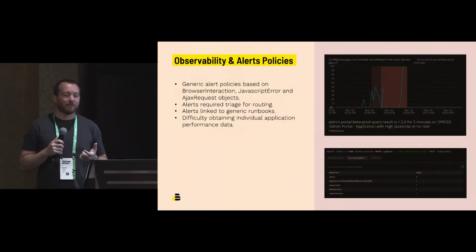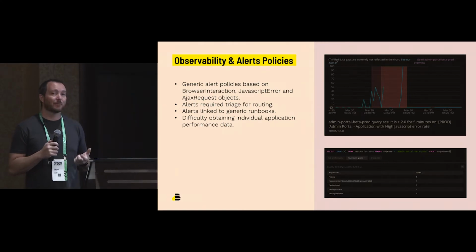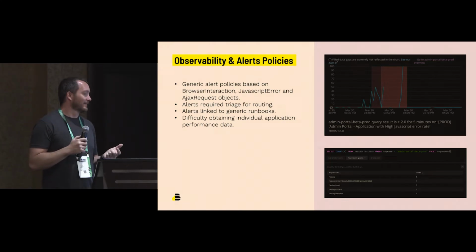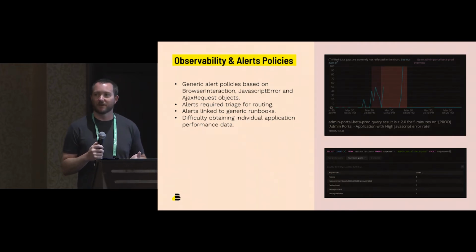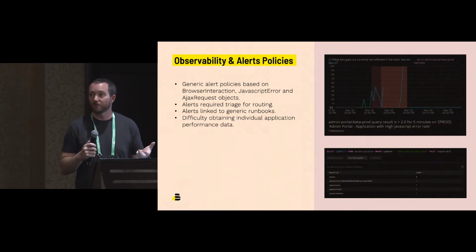And what we found very quickly when we implemented alerts and alert policies was that the alert policies weren't very actionable. So what our response looked like when we had an alert notification come in is it always required triage from someone on the core team because the alerts were global for the whole portal.